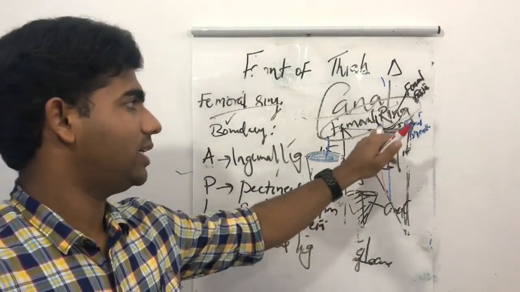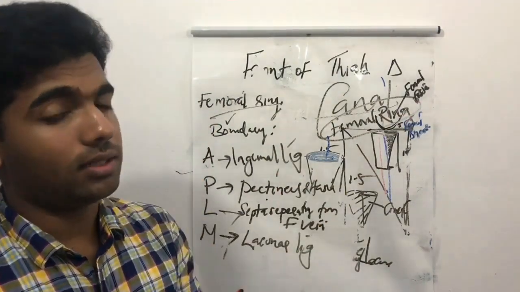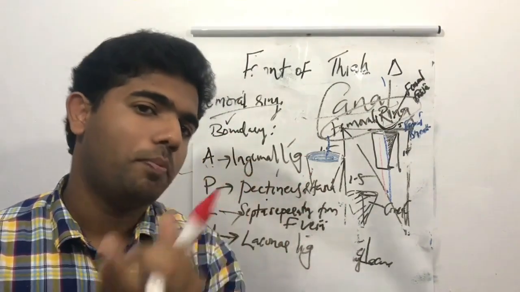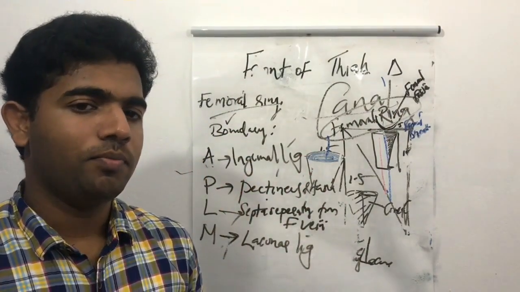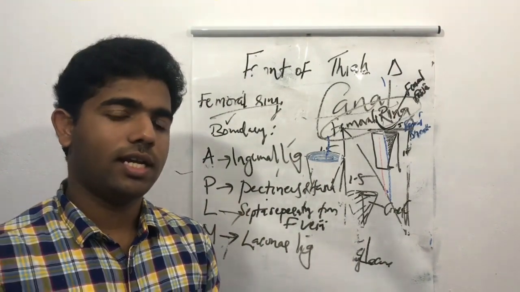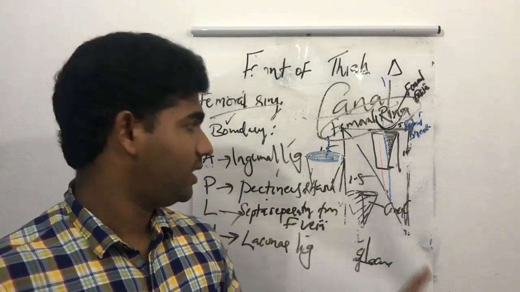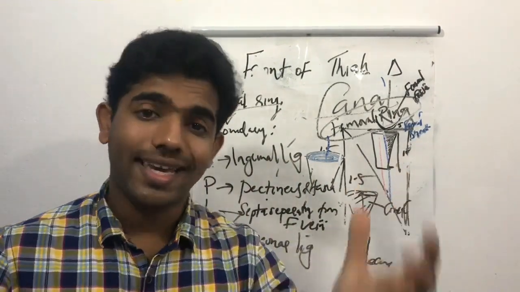So you have to remember there is a femoral fossa over the femoral vein, which is a depression of the peritoneum. Clear? So we studied the femoral triangle, femoral sheath and the femoral canal.